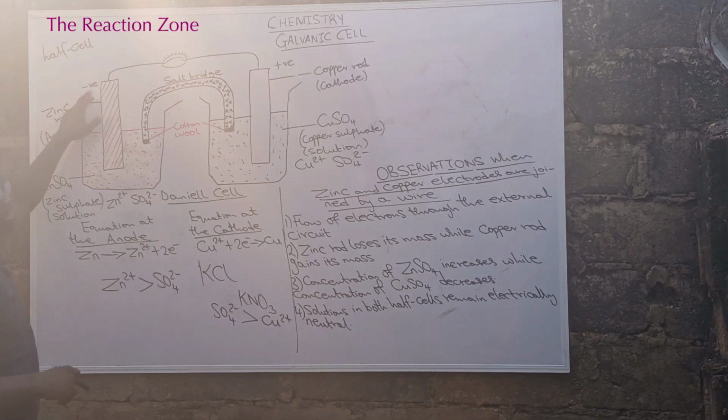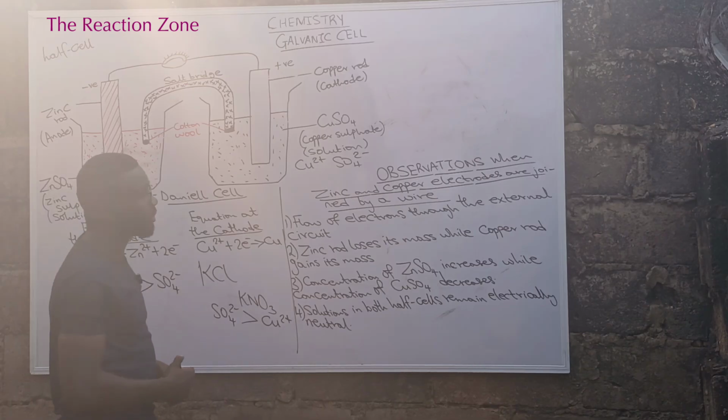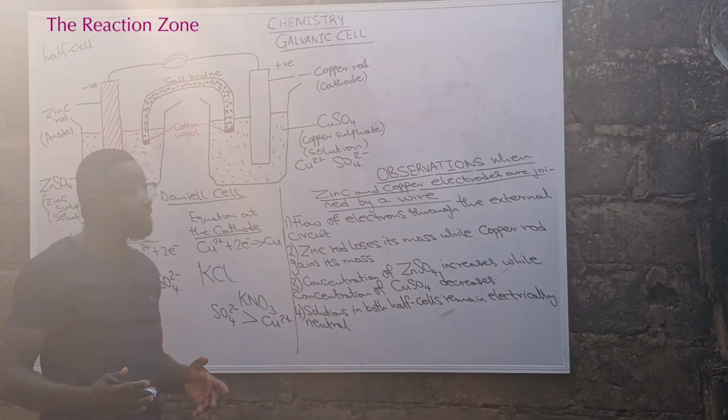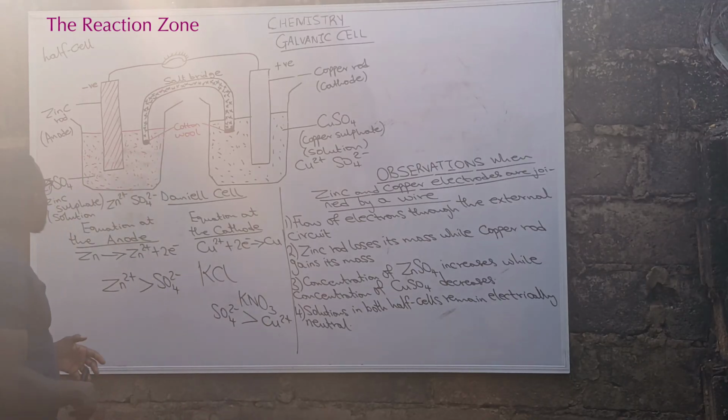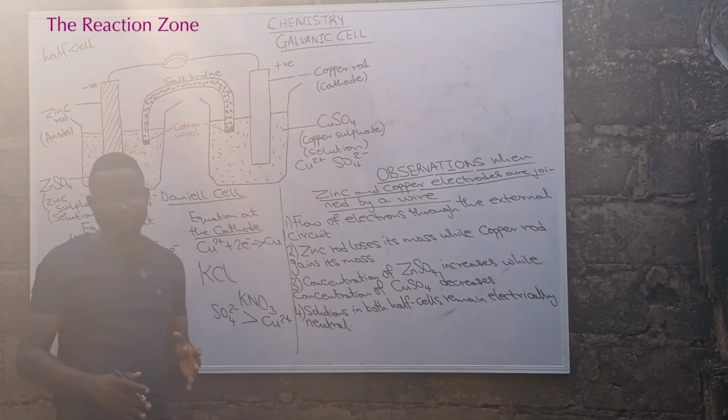It is the negative electrode, and it is where oxidation takes place. So, in a Daniell cell, oxidation takes place at the anode, and reduction takes place at the cathode. Also, in a Daniell cell, the anode is the negative electrode, and the cathode is the positive electrode.